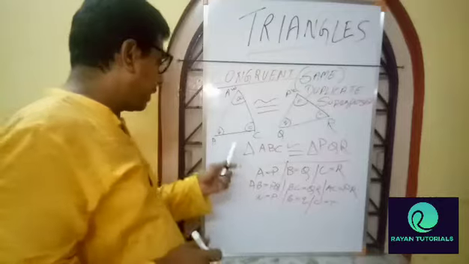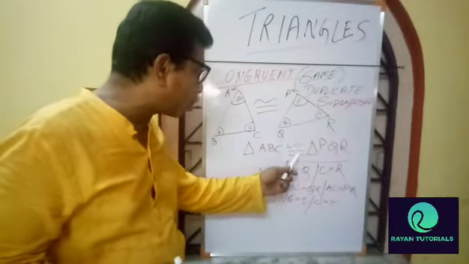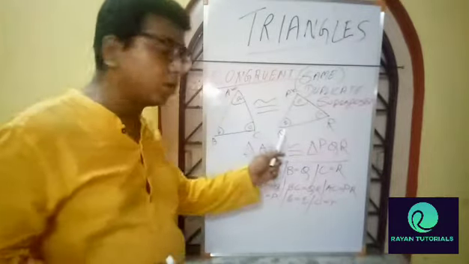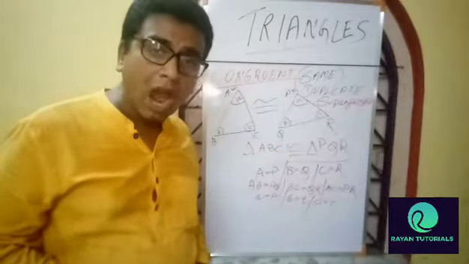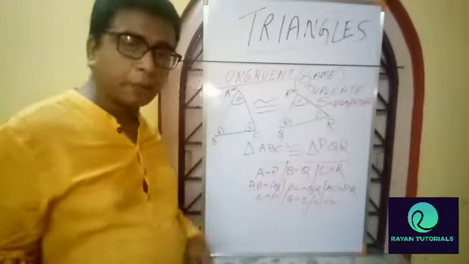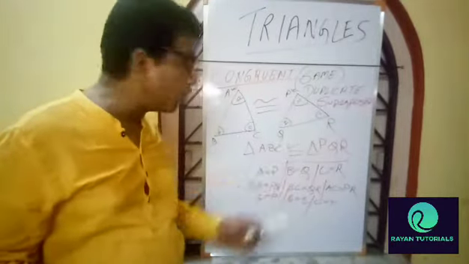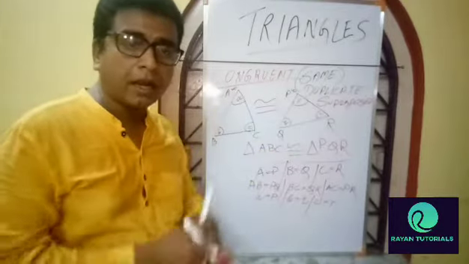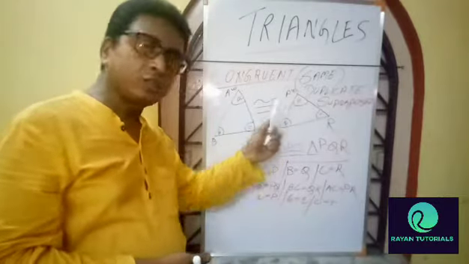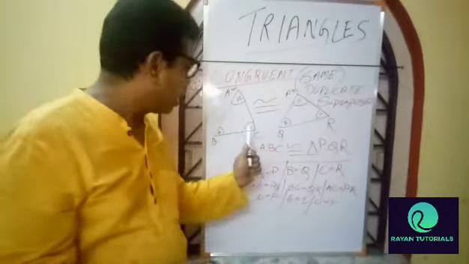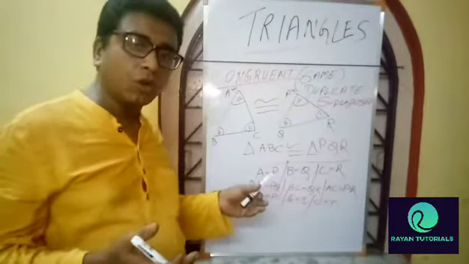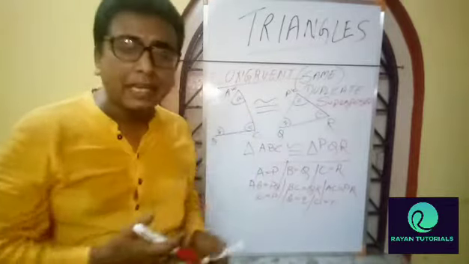So if I say triangle ABC is congruent to triangle PQR, then A should be equal to P, B equal to Q, C equal to R. What is finished? Arms. AB equals PQ, BC equals QR, AC equals PR. Arms finished. What is left? Angles. A equals P, B equals Q, C equals R. Any other parts left? No. So from here, what can I conclude?